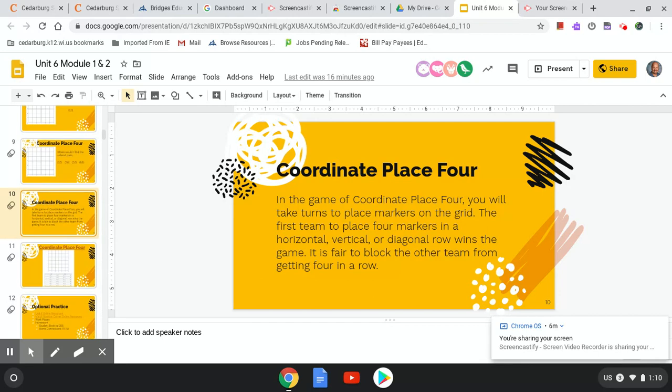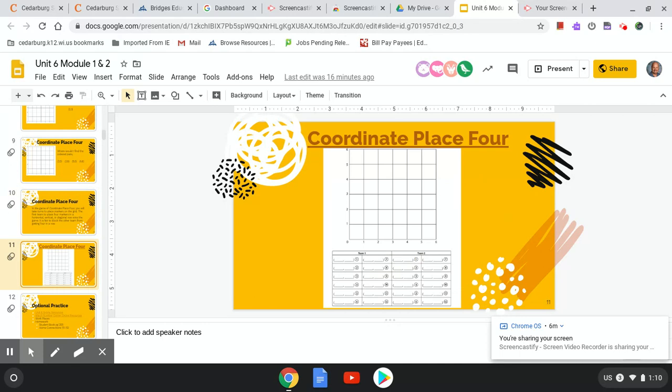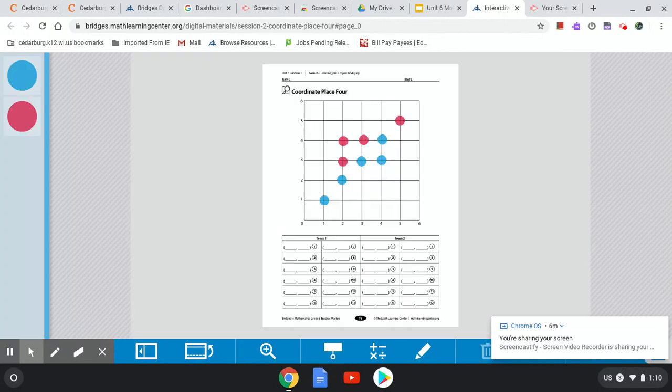As we move through this, I just want to give you an example of what the game board looks like. We will go to our Bridges website, and you'll be able to see a little bit more closely what it looks like. All right, well, this is a game that I played with my class already, so we're going to get rid of all of these pieces. And so the first player will put their marker on any coordinate and record their ordered pairs.